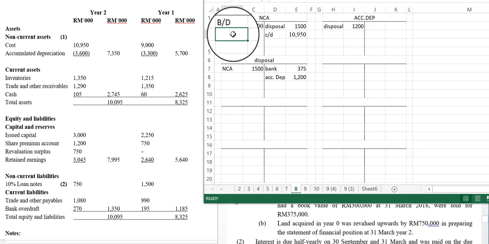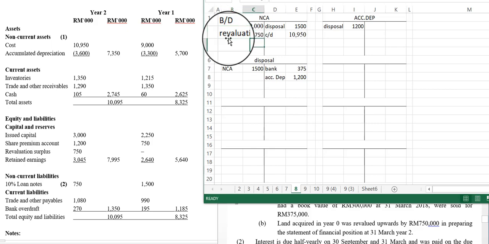As we mentioned previously in a few questions, 2, 3, 4, on this side you will have another 2 items. It will be cash and revaluations. If you have not, necessarily you will not have revaluations every time. Revaluations here, then the figure will be 750.